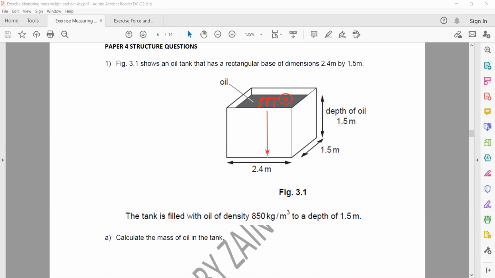So what can we say about the density of this key, or the density of the brass key? Is it more than the oil or less than the oil? Yes, that's right. It is greater than the oil density. That's why it sinks.